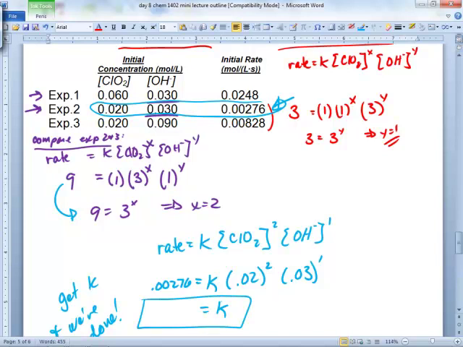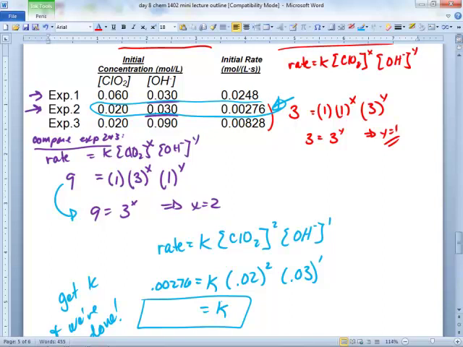Now, if you know how to use your $5 calculator from Walmart, this is a pretty straightforward thing to do. You have to know how to use the calculator.